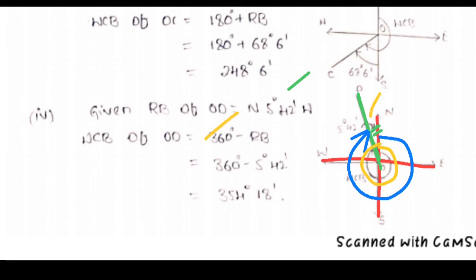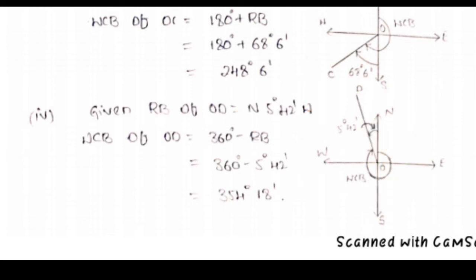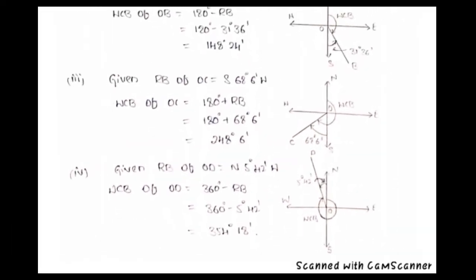If we subtract the angle calculated from the reduced bearing RB, we get the whole circle bearing: 360 degrees minus 5 degrees 42 minutes, which is 354 degrees 18 minutes. So these are the conversion problems of whole circle bearing to reduced bearing, and reduced bearing to whole circle bearing.